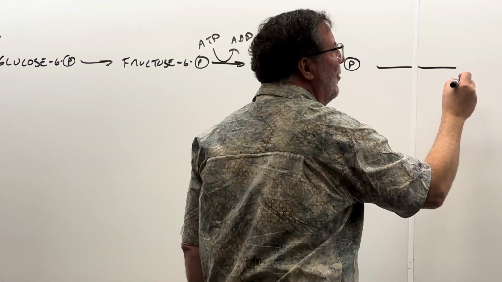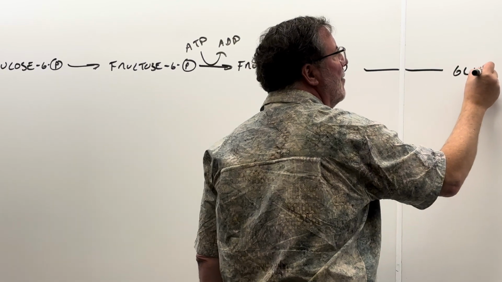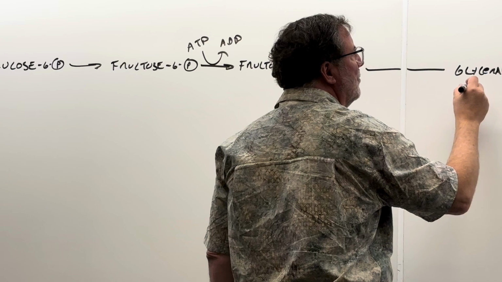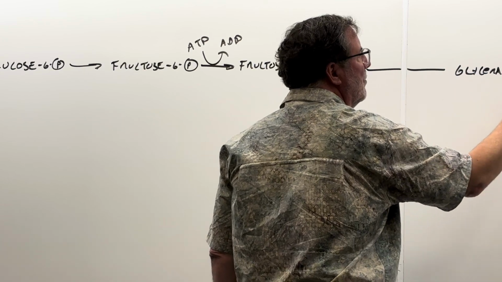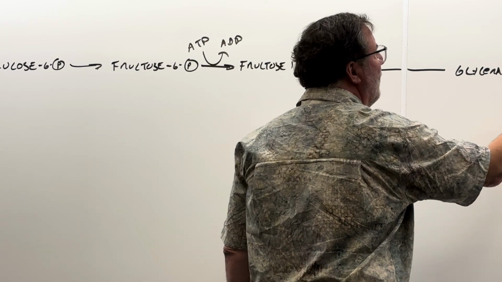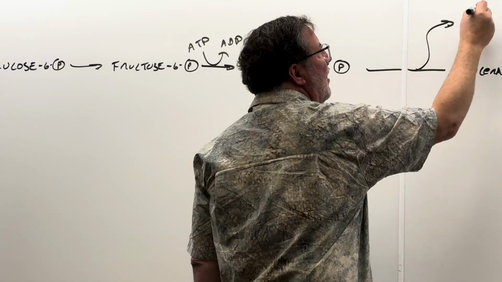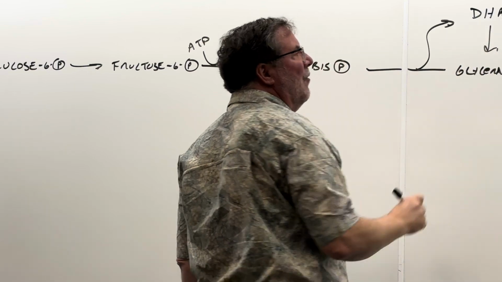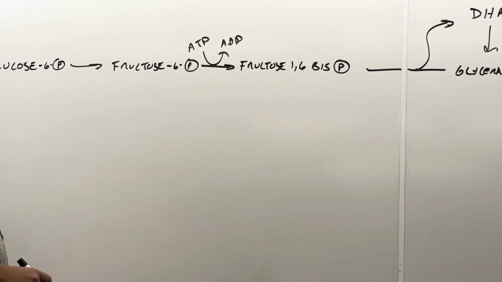Then we go to glyceraldehyde 3-phosphate plus our dihydroxyacetone phosphate, and then that gets converted to glyceraldehyde 3-phosphate.